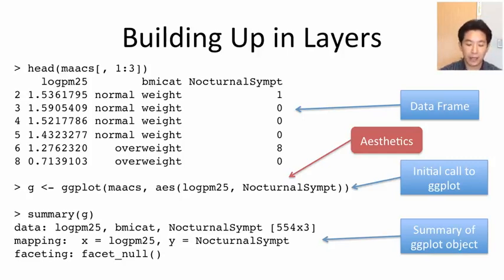Then I save this to an object that I call g. If I call summary on this object, it shows you what the data are, what the aesthetic mapping is, and something about faceting, in which case there's no faceting, so that's null. So you can always call summary on a ggplot object, and it'll give you a quick list of what's in this plot and what the data are.